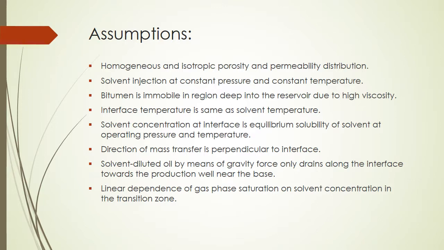Interface temperature is the same as the solvent temperature, and solvent concentration at the interface is the equilibrium solubility of solvent at operating pressure and temperature. We consider the direction of mass transfer perpendicular to the interface, and the gravity drainage direction along the interface. Solvent-diluted oil drains by gravity force only; we will neglect other forces.